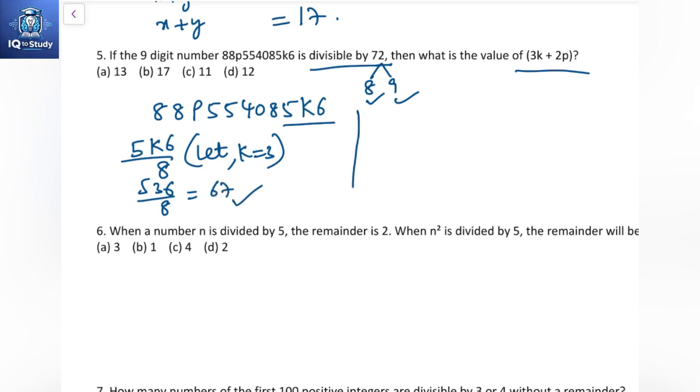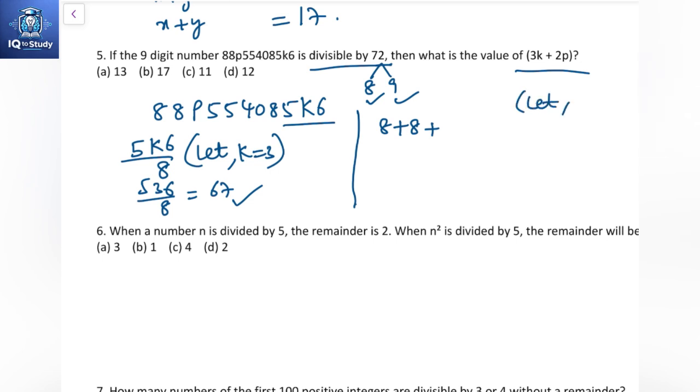And coming to 9. Divisibility rule of 9 is the sum of all digits in a given number should be divisible by 9. Let's do it. 8 plus 8 plus... Here, before we have taken K equal to 3.